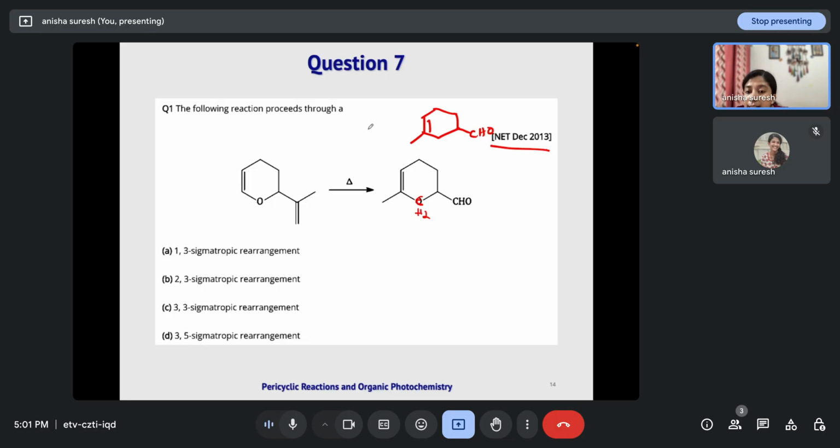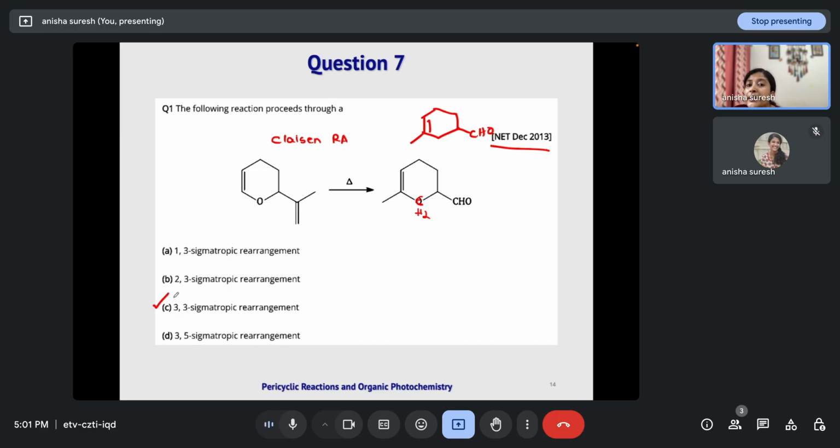Either it is a 1,3 sigmatropic rearrangement, a 2,3 sigmatropic rearrangement, a 3,3 sigmatropic rearrangement, or a 3,5 sigmatropic rearrangement. If you closely observe the system, this is a vinyl allyl ether. So it will undergo a Claisen rearrangement, which is an example of a 3,3 sigmatropic rearrangement.